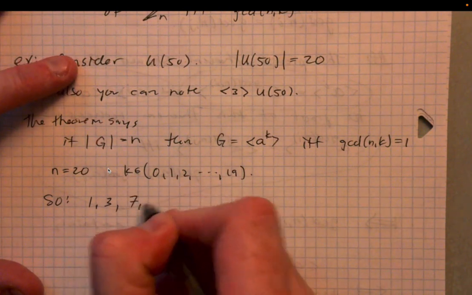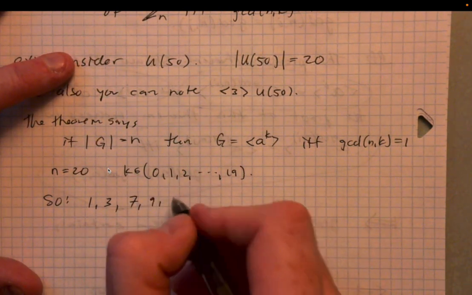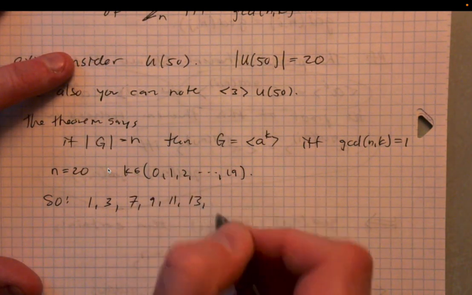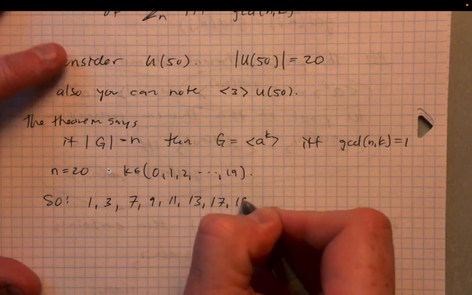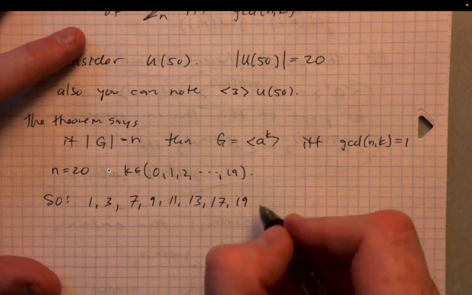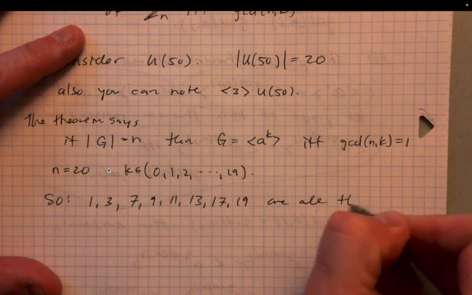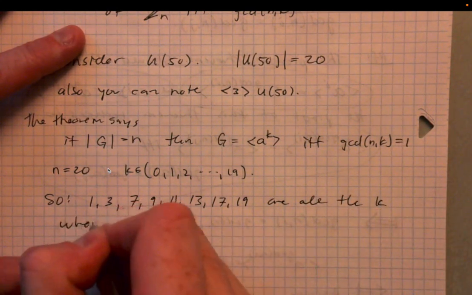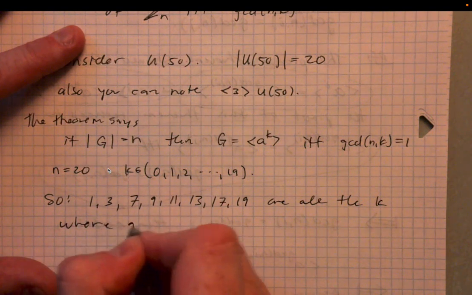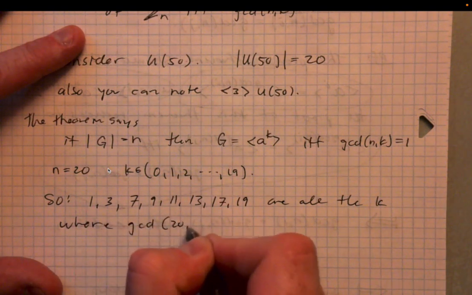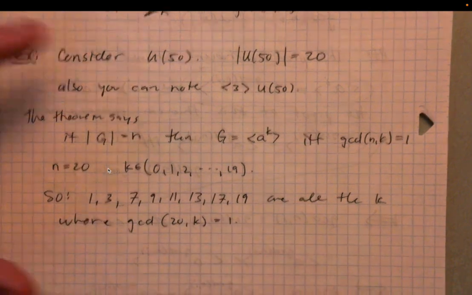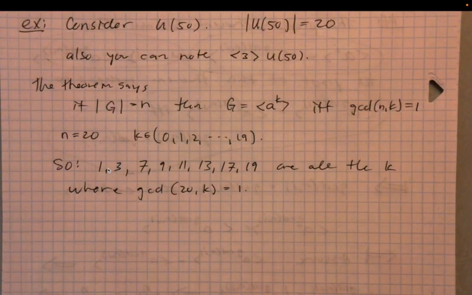So the others are 7 and 9, 11, 13, 17, and 19. So these are all the k where the GCD of 20 and k is 1. Now you could go above 20, but then you would end up just kind of repeating yourself.